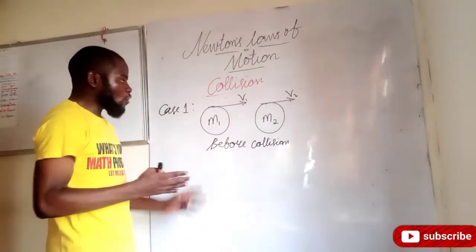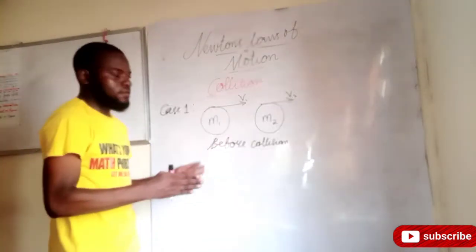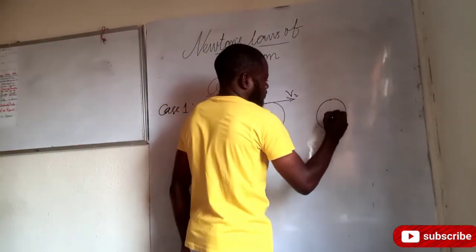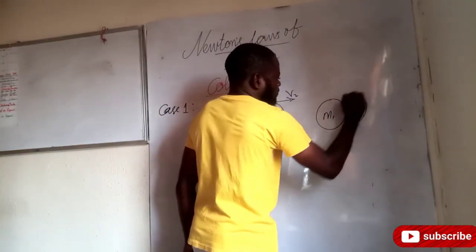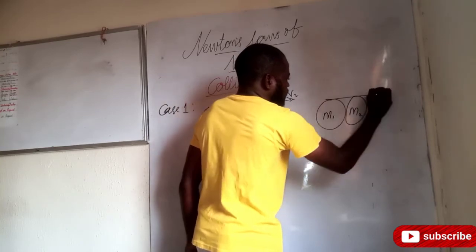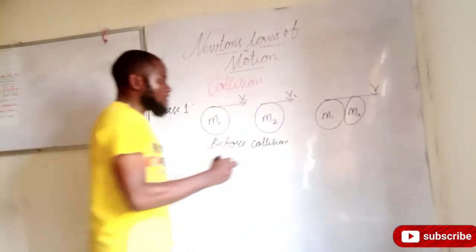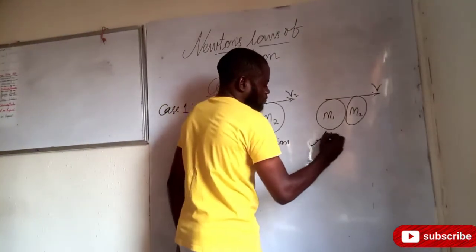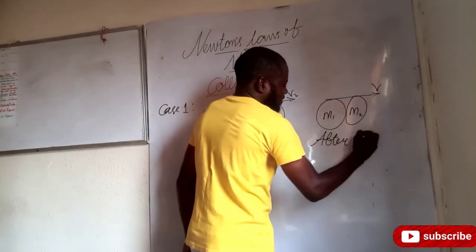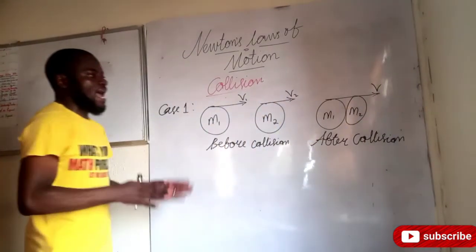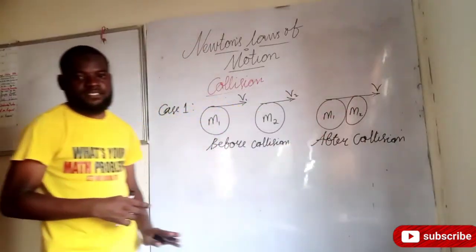Before collision, the two bodies are moving separately in the same direction. After collision, the two bodies stick together because it is inelastic, and move with common velocity.